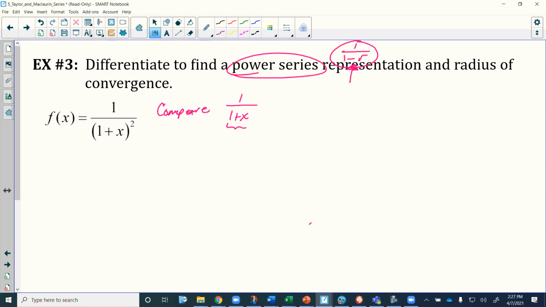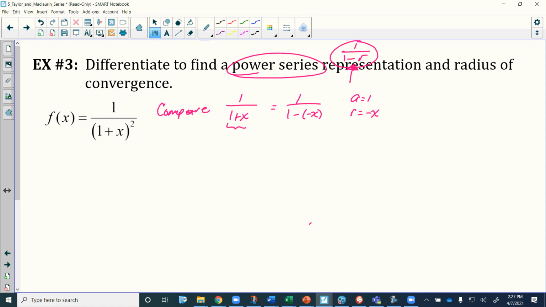So we need to have that double negative thing there. So I'm going to say this will be the same thing as 1 minus negative x. And so that would tell me that a, in this case, is the 1 on the top, and the constant ratio in this case is going to be negative x.